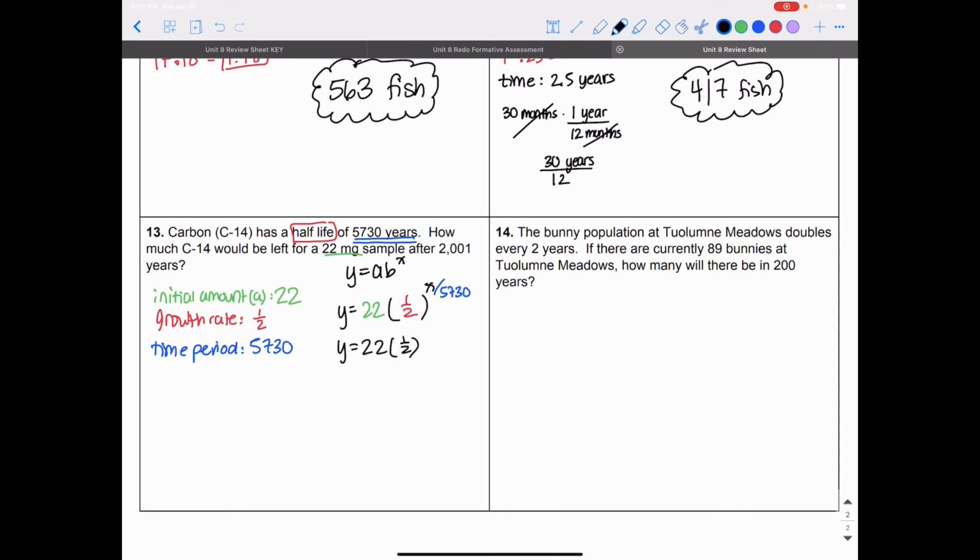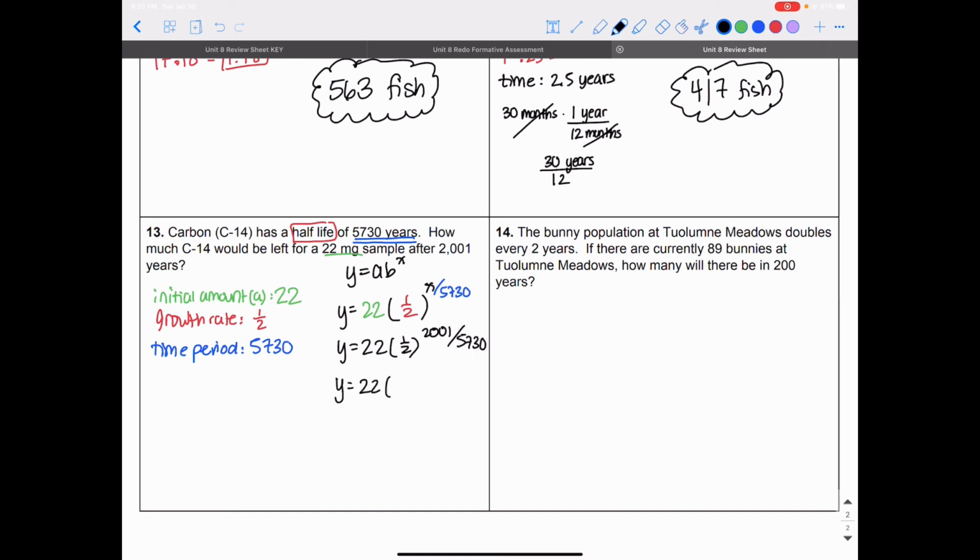All right, so I'm going to plug in now that I have this. I'm going to plug in 2001 years because that's how many years have passed by. And I will get 2001 divided by 5,730 gives me 0.349 and a bunch of other numbers.